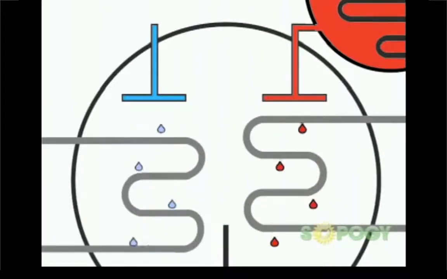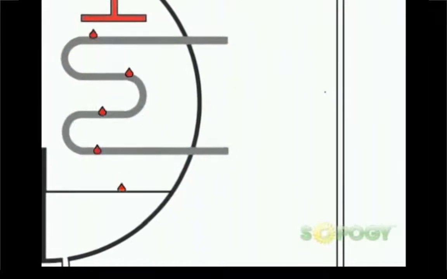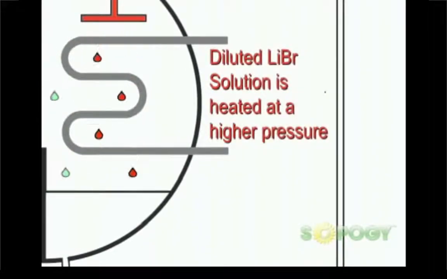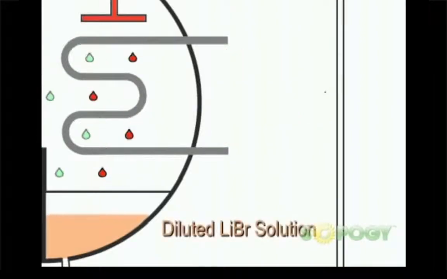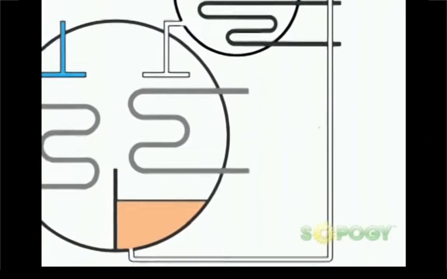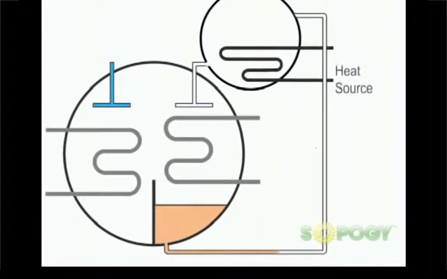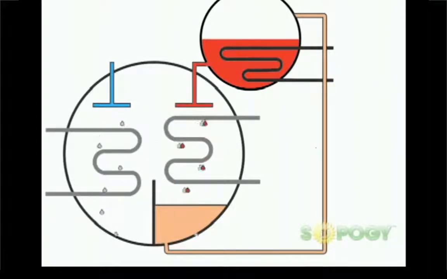The evaporation of the refrigerant takes place at a low pressure. The diluted solution, which contains the absorbed refrigerant vapor, is heated at a higher pressure. As lithium bromide becomes dilute, it loses its capacity to absorb water vapor. It therefore needs to be reconcentrated using a heat source. This leads to the vaporization of the refrigerant, and thus the solution is restored to its original concentration. The cycle keeps repeating itself to give the desired chilling effect.